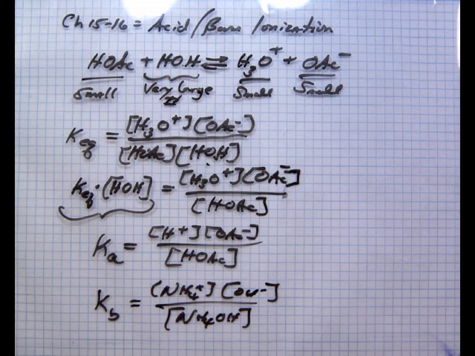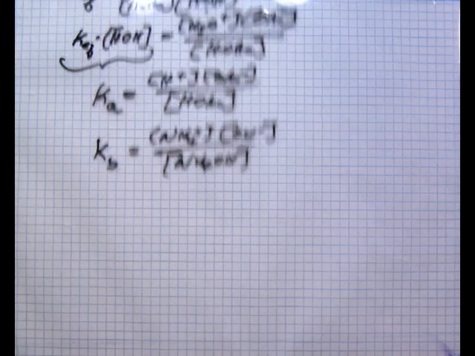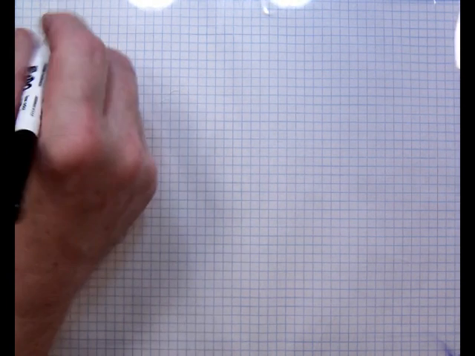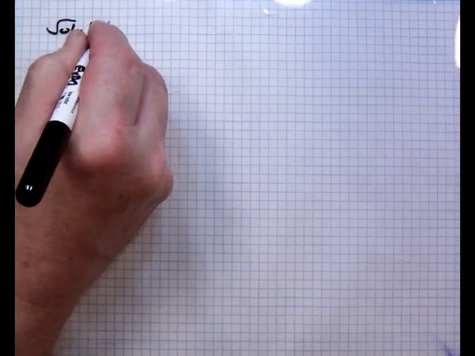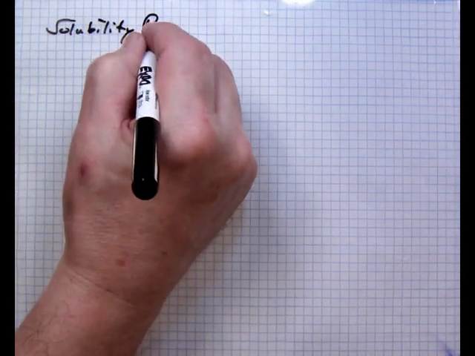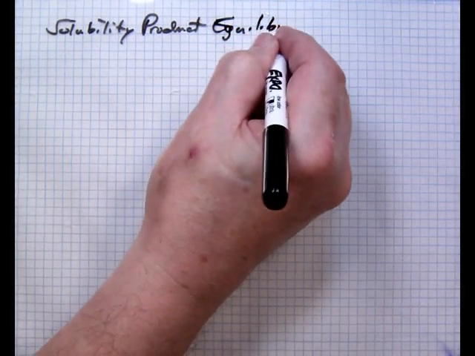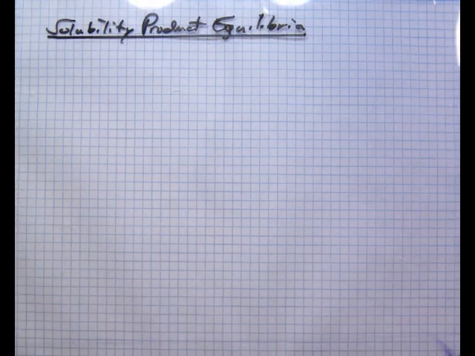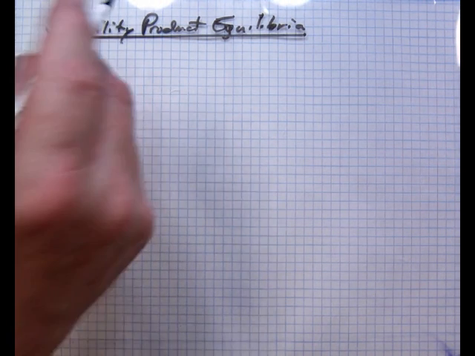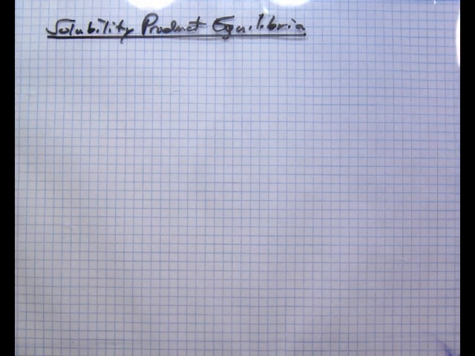All right. In this chapter, solubility product equilibrium, the same issue exists, but we'll add an extra one to that. I'm going to use silver chloride to illustrate the idea here.